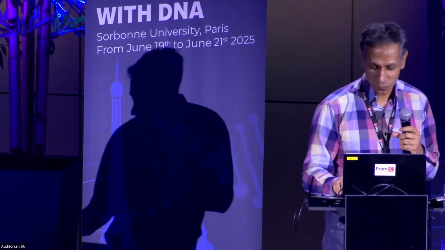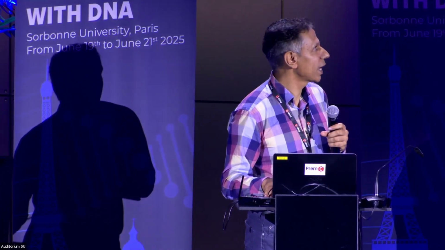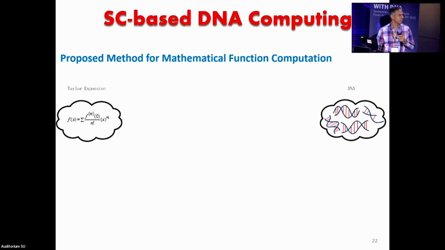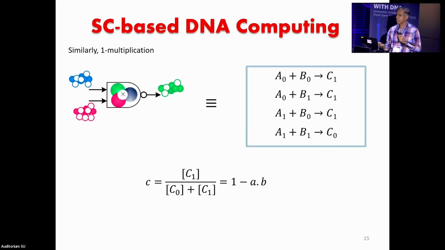Yeah, that's a question I was expecting. Thank you for asking. Actually, we have already validated the basic logic gates that we introduced here, like the AND gate and NAND gate. We have experimentally implemented them in the lab, and we got the results that validated.